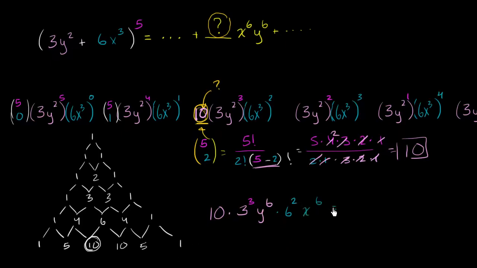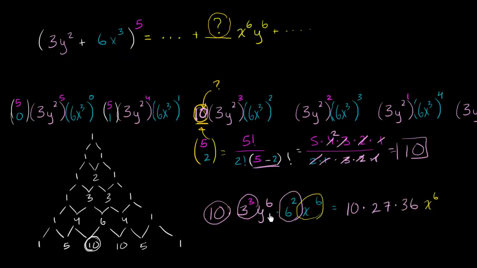And so this is going to be equal to 10 times 27 times 36, and then we have, of course, our x to the sixth and y to the sixth.